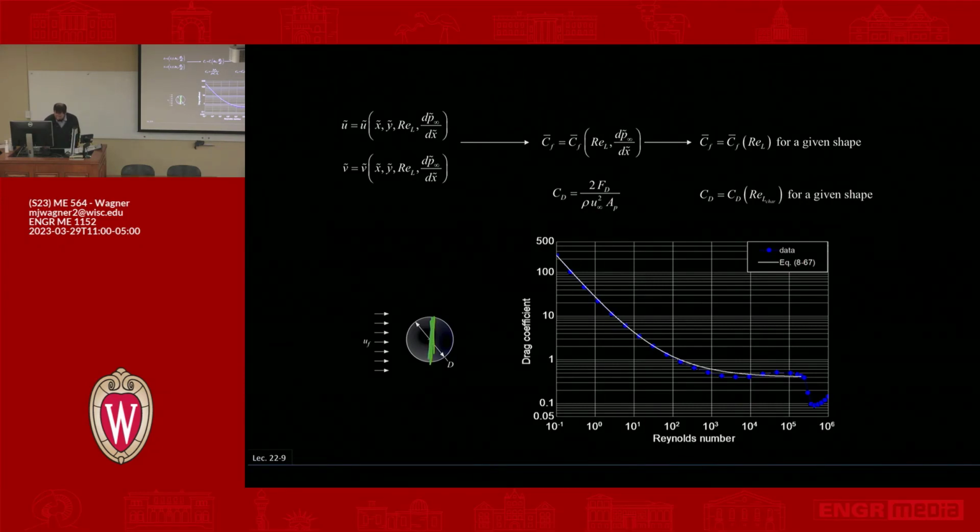Looking head on, it would be a disk of the sphere where flow is in this direction, and this has some radius r. So really the only difference between the friction coefficient and the drag coefficient is the definition of the area here. And maybe a factor of 2 involved.